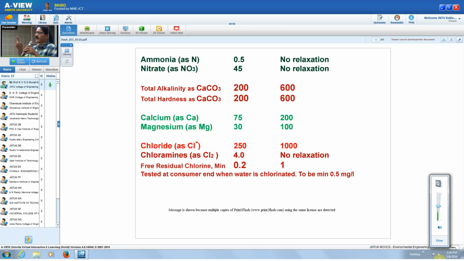Global warming, or the greenhouse effect, is caused mainly by carbon dioxide. The concentration of carbon dioxide today is nearly 390 ppm. 1 ppm is not equal to 1 mg per liter because it is air. So 390 ppm is the concentration of CO2 in the atmosphere. It is a very, very important question.